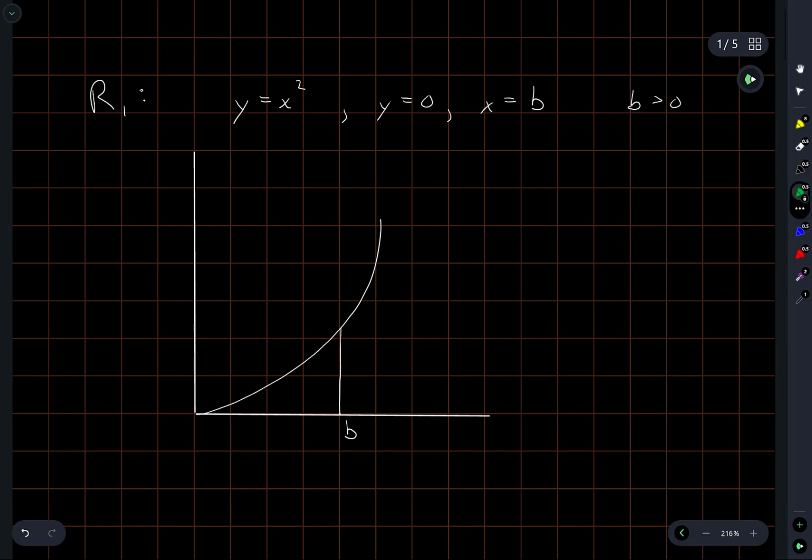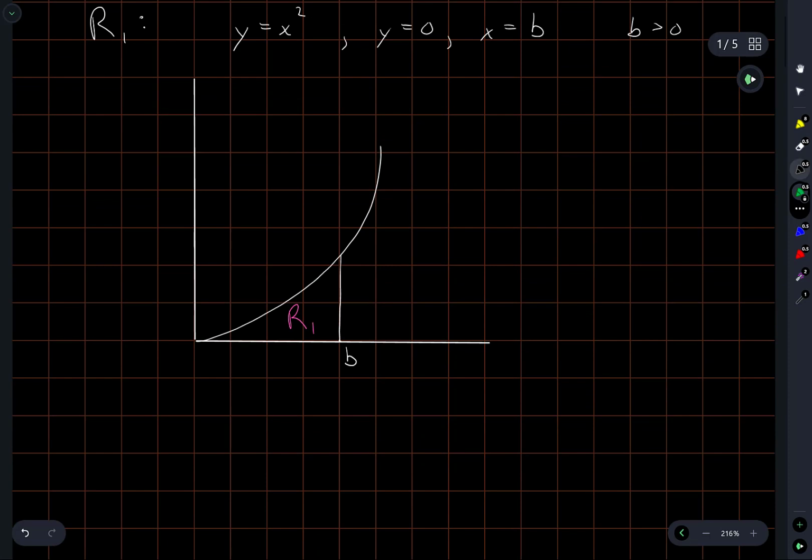This in here is R1. So A1, which is a function of b, is just the integral from 0 to b of x squared dx, which is b cubed over 3.